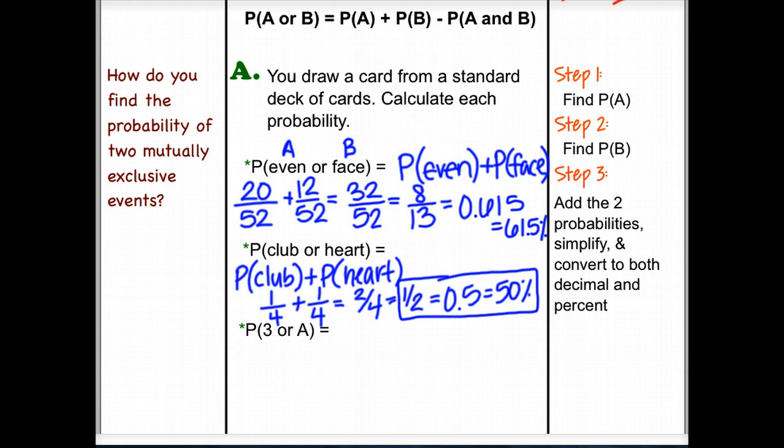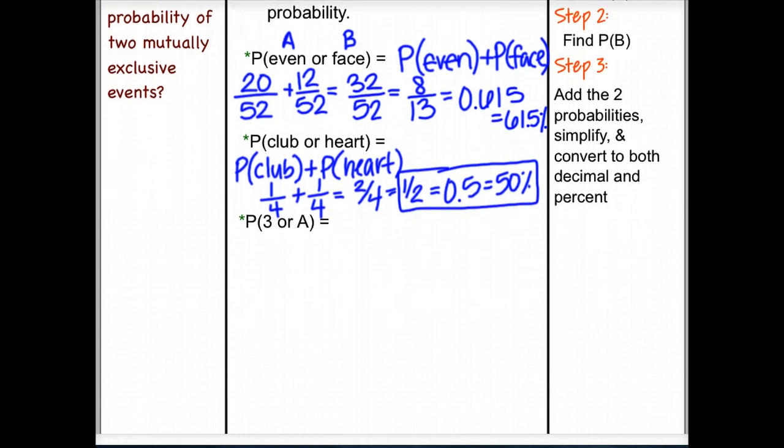The third one, when dealing with mutually exclusive, is 3 or an ace. You can't be a 3 and an ace, so we're going to find the probability of a 3 plus the probability of an ace. Well, we have 1 three in each suit, so we have 4 out of 52. And we have 1 ace in each suit, so that's also 4 out of 52.